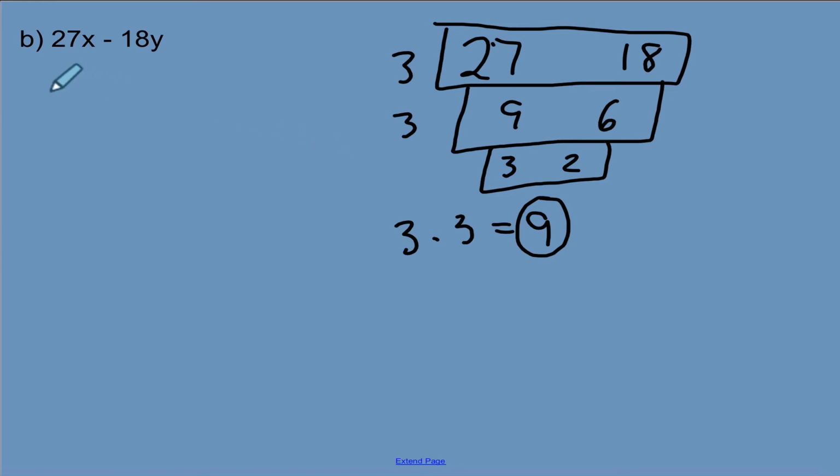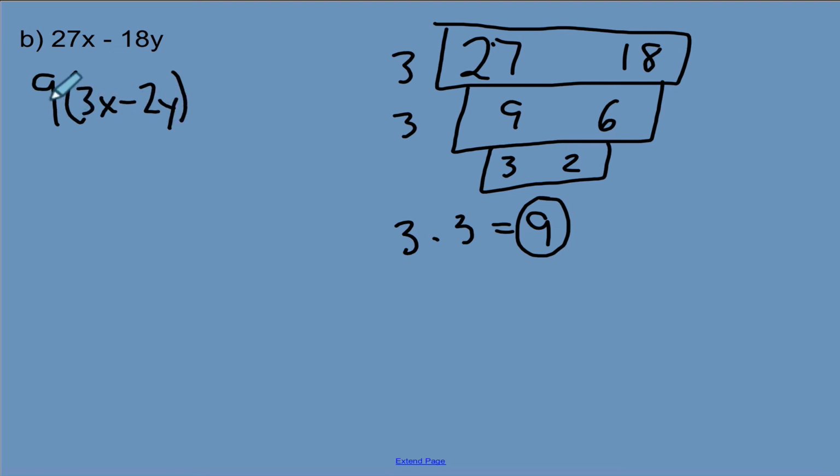And that's important because that's what I'm going to factor out of the two terms here. So I'm going to take out the 9 from the 27x, leaving me with 3, and the variable just stays. And if I factor out a 9 from the 18y, that leaves me with a 2, and the variable just stays.